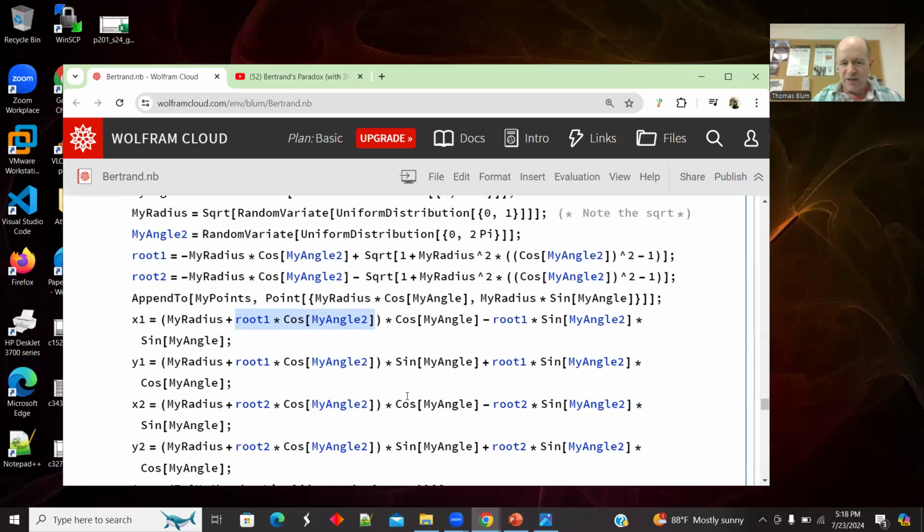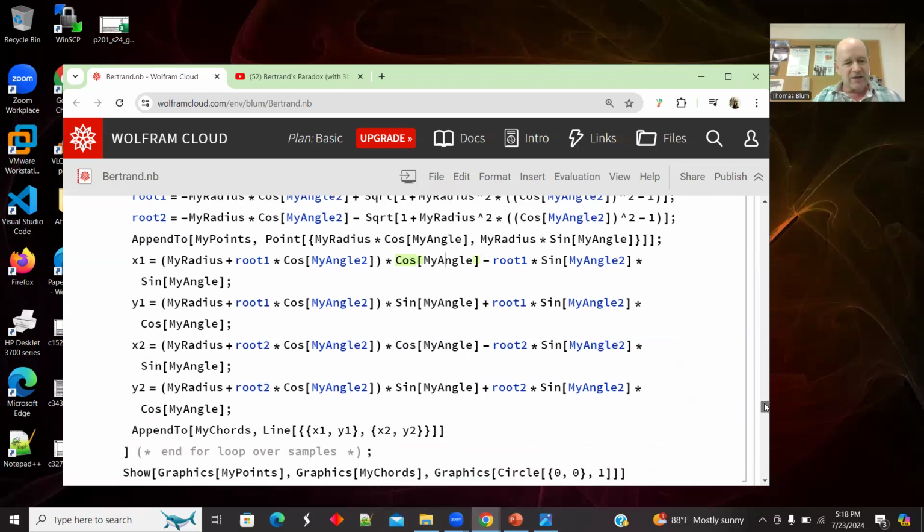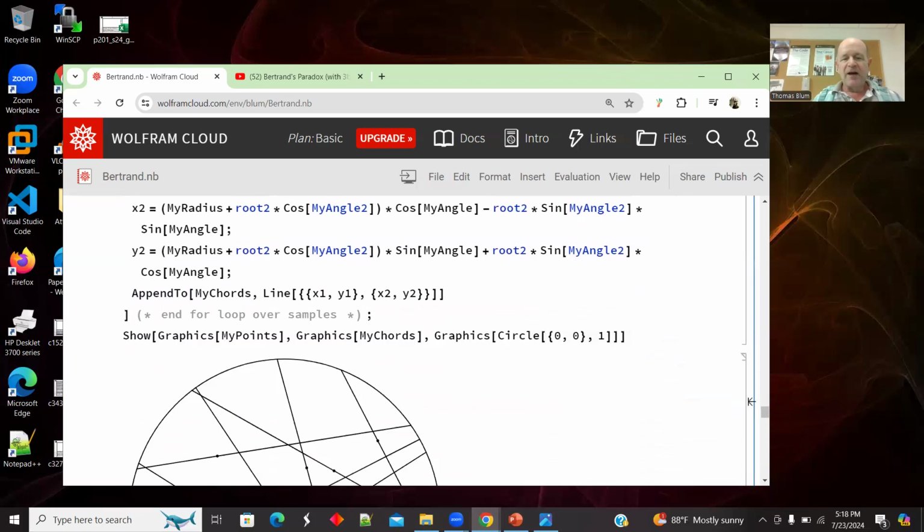There was a positive root and a negative root, root 1 and root 2 of a quadratic formula. Root 1 gave me one endpoint of my chord. The root 2 gave me the other endpoint of my chord, and then I used the original angle to rotate it. And then I added the chords.